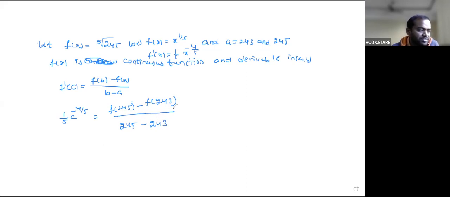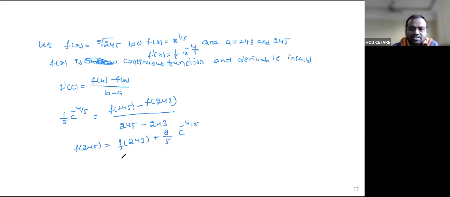With this simplification of the equation, f of 245 is equal to f of 243 plus 2/5 c to the power of minus 4/5.